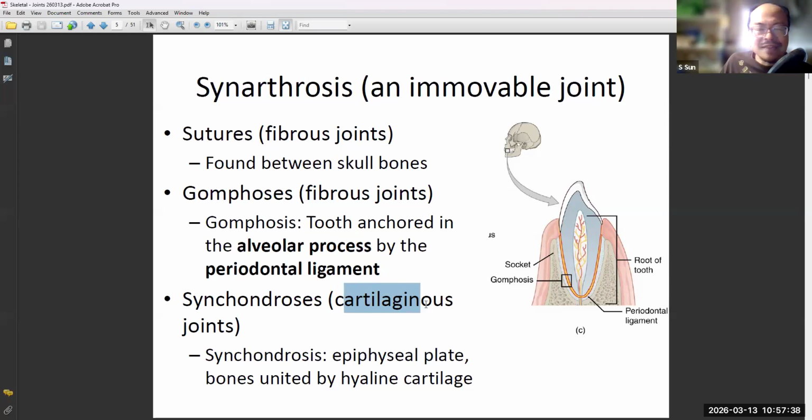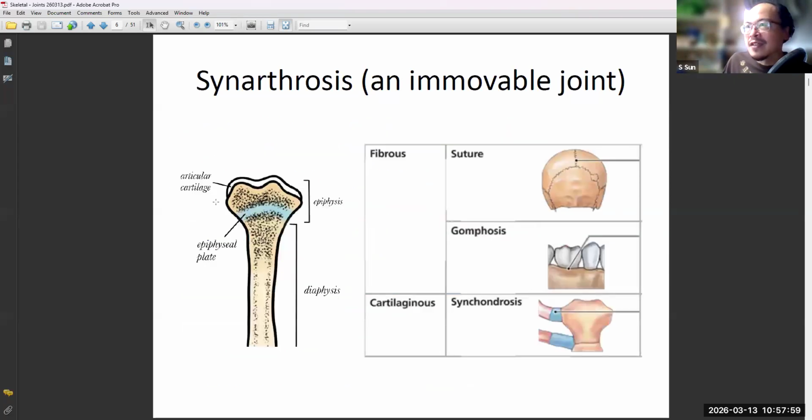Cartilaginous is not so dense. It's more watery. There are also different types of cartilage, but this one is not so dense. So what example is that? One example is the epiphyseal plate. If you remember, the epiphyseal plate right here is the cartilage when a long bone grows to mature.